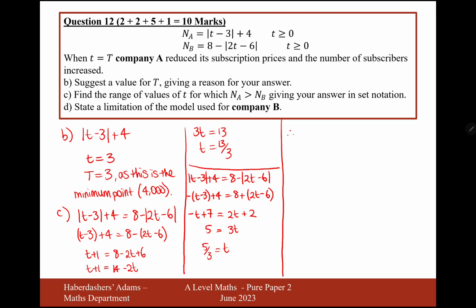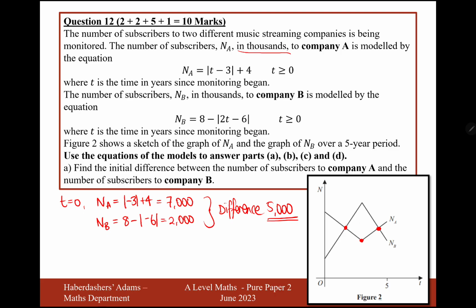So we want N_A to be bigger than N_B. That is in between this region of values here. No, it's not. N_A being bigger is actually this region here and this region here, and it goes up to 5.